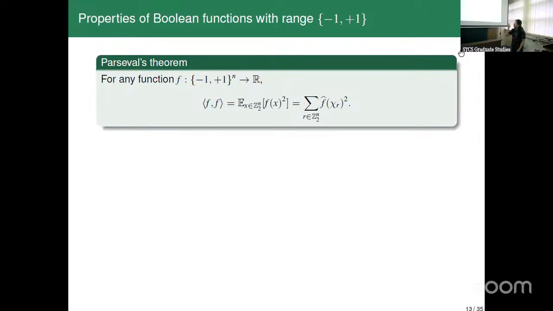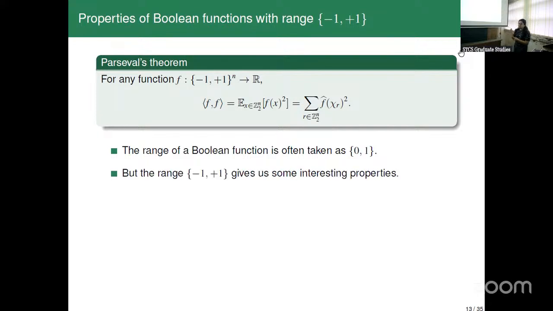Another thing: there are quite a few nice properties of those functions whose range is minus 1, plus 1. So this is Parseval's theorem, whenever the range is minus 1, plus 1.